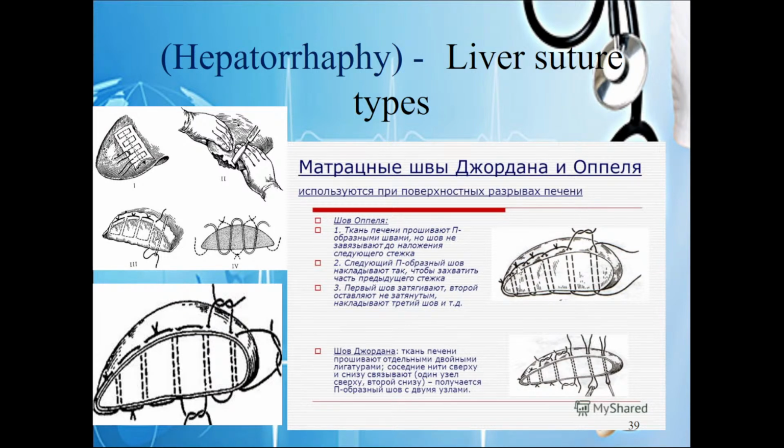You see this? And it is very important. This gives the hemostasis. And with the Jordan sutures, we sew the wound and then cut the liver, cut our threads, the ligatures, and make knots between the neighbor ligatures.